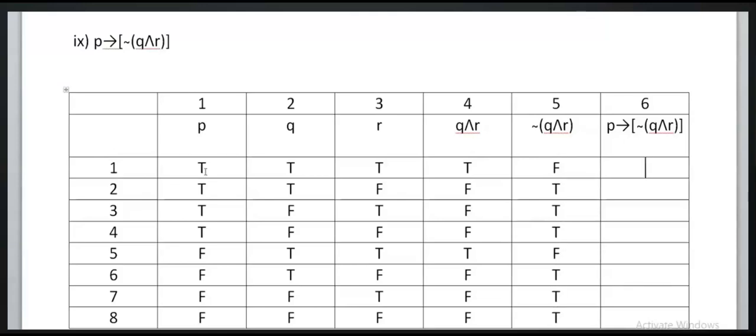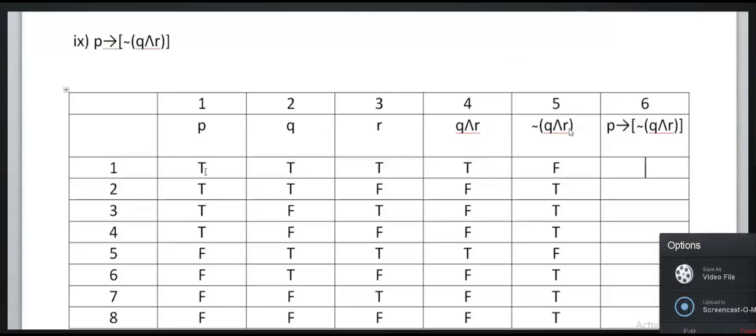Now the implication. That is P implies the column number 5. Now T implies F, therefore it is F. T implies T, it is true. T implies T, therefore it is true. T implies T, it is true. F implies T, F implies F, therefore it is true. And in this way, what does implies do?